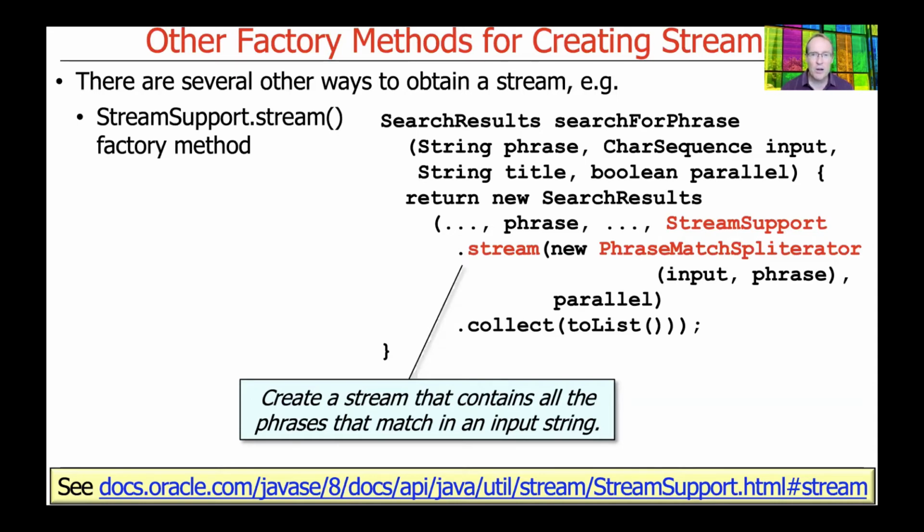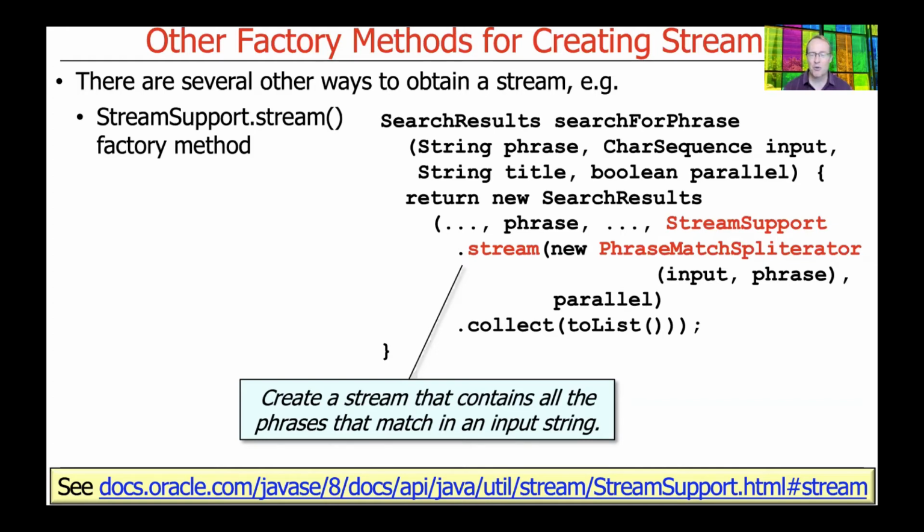And a Spliterator is basically used to take some input, some kind of collection, such as a string, for example, and then split it up into chunks that can be turned into a stream. So we use a Spliterator in our simple search stream program in order to create a stream that contains all of the phrases that match in the input string.